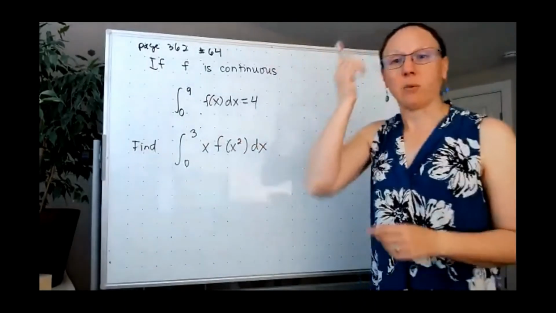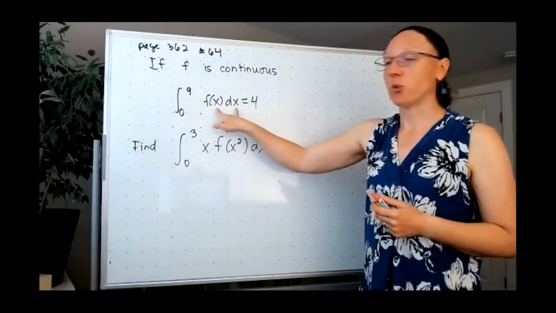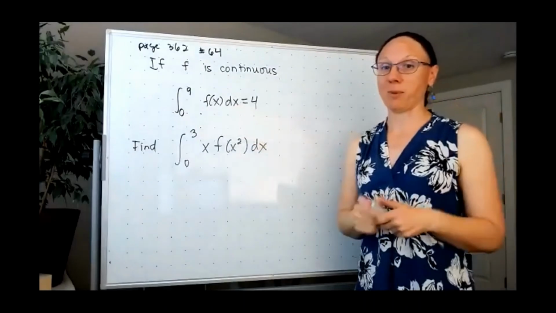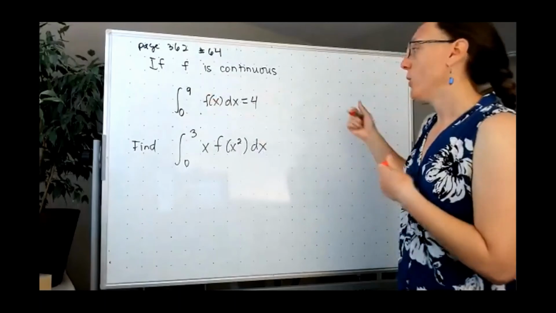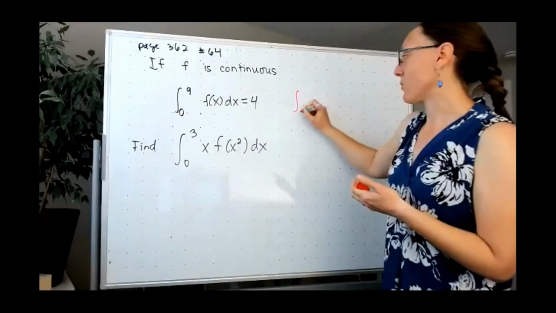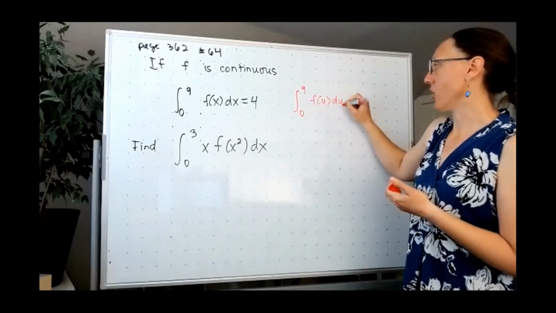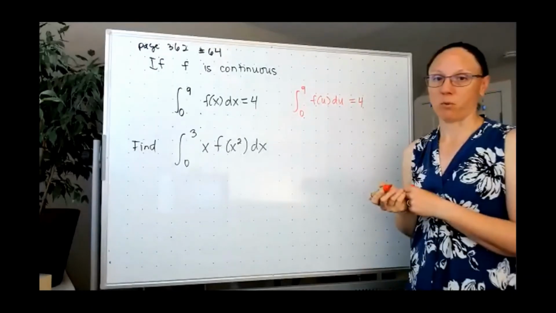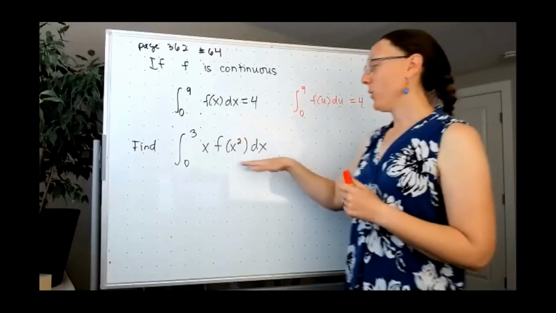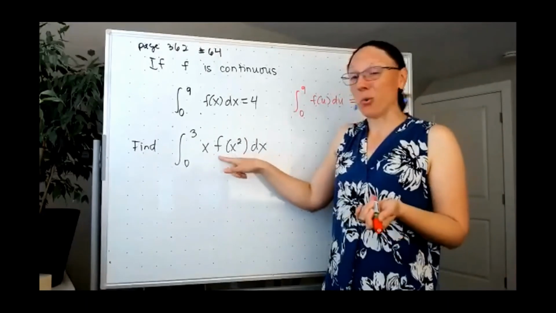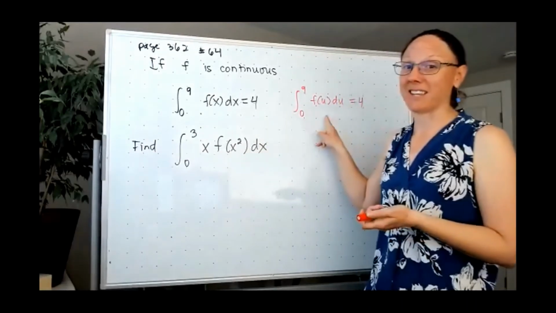So again, the first thing I want to recognize is that in this definite integral, the choice of letter is arbitrary. It could be an s, a t, or a u. So this would be the same as writing the integral from 0 to 9 of f of u du, which would also be equal to 4. So when I come down here to evaluate this problem, I'm going to have to find a way to make it look like this.